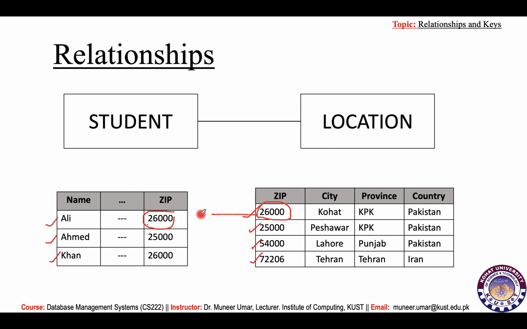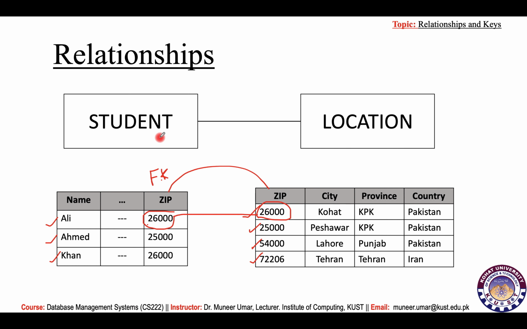So we can say that this Ali belongs to Kohat, KPK, and Pakistan, and we got these values through this zip, which is common in both the tables, or we can say that this zip connects both the tables. So here the zip is actually a foreign key, and this zip is a primary key. This foreign key is used to connect both the tables.